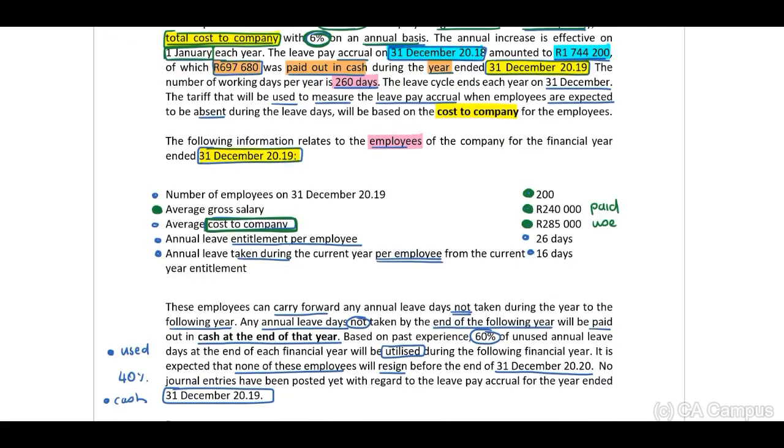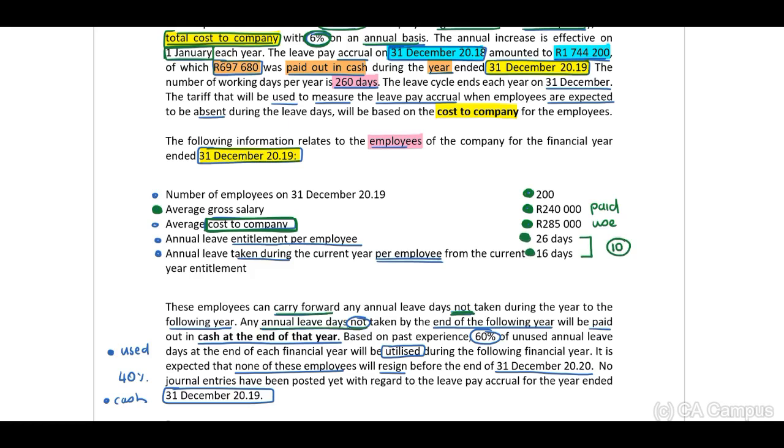Let's have a look at the information. Annual leave entitled per employee will be the 26 days, and they have taken 16 days. Therefore, we are able to identify that there is still 10 days remaining. These employees can carry forward any annual leave days not taken during the year to the following year.